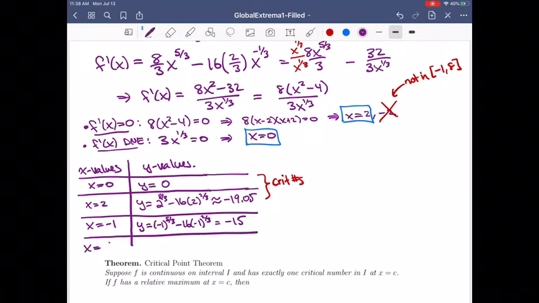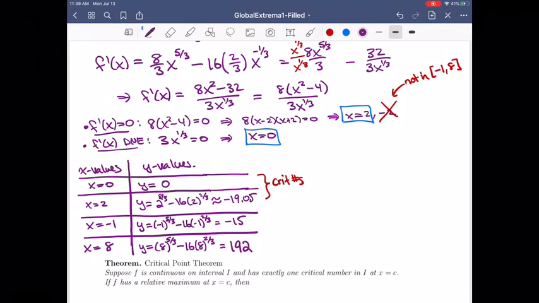Okay, and then I have to do the other endpoint, which is x equals 8. So I get 8 to the 5/3 minus 16 times 8 to the 2/3. And this is actually going to be 192 because it's 2 to the 5.